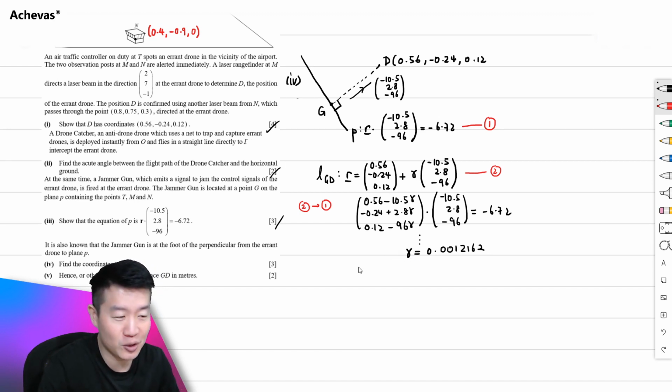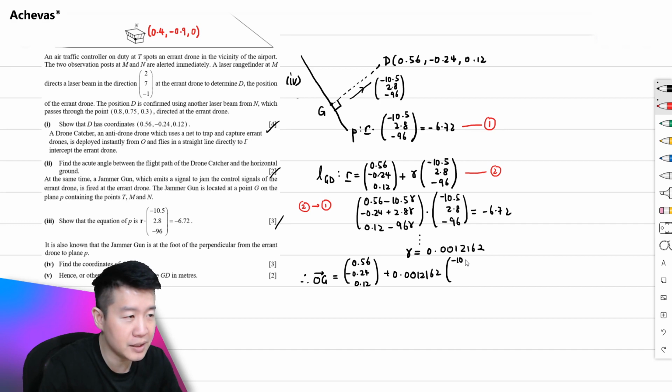So if I substitute back into here, I will be able to find OG, which will give us the coordinates of G. So OG is going to be equal to (0.56, -0.24, 0.12) plus gamma, now 0.0012162, times (-10.5, 2.8, -96).